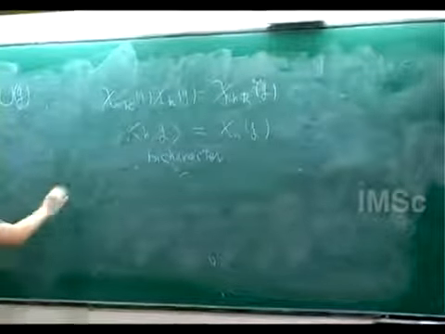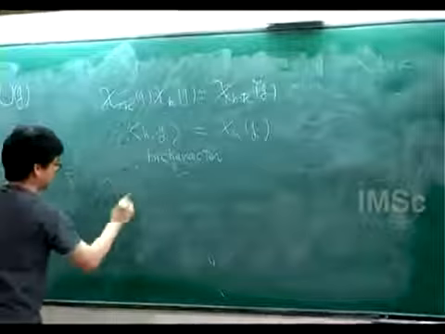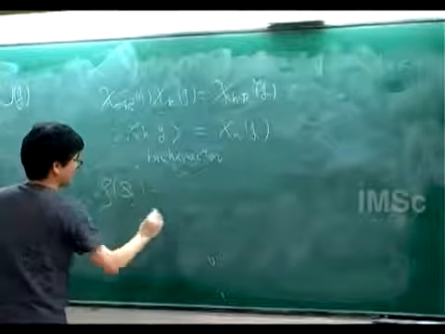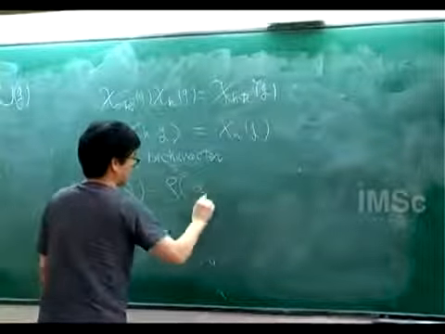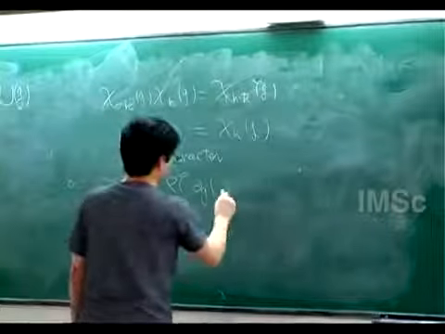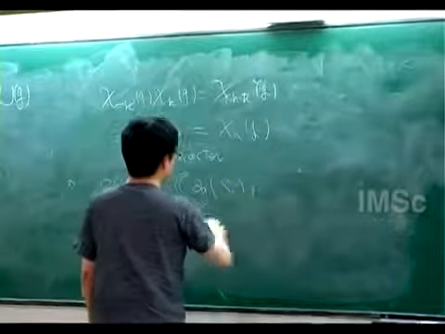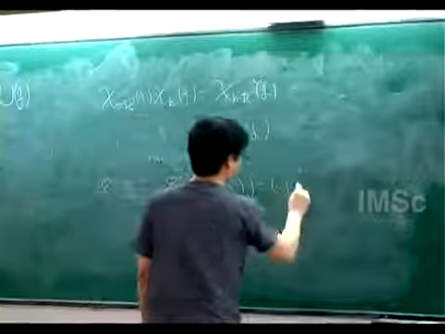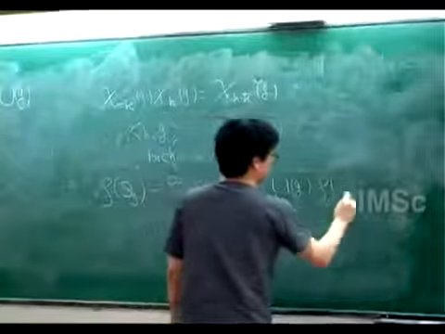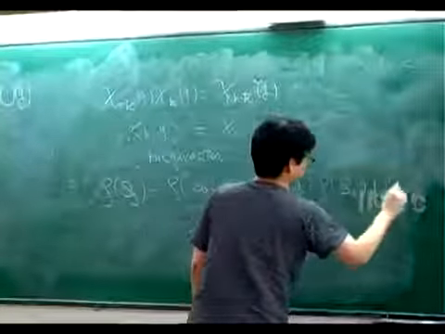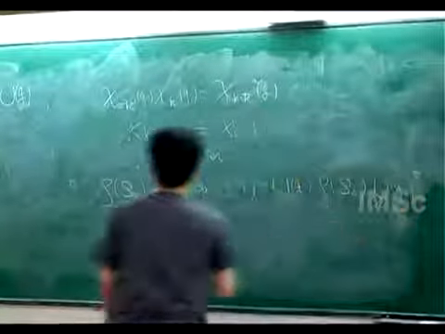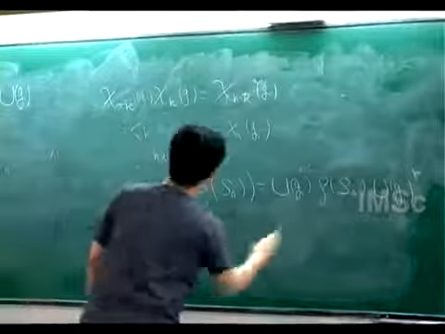Now let me compute this. So this is alpha_z of S_0. By the definition of U_z, U star, and we already know this.